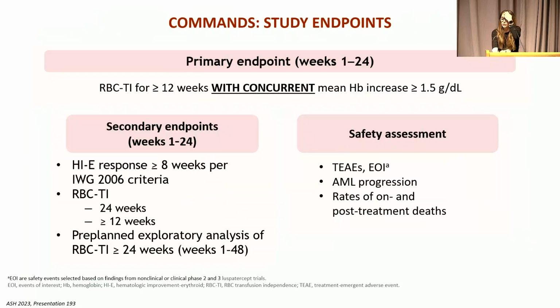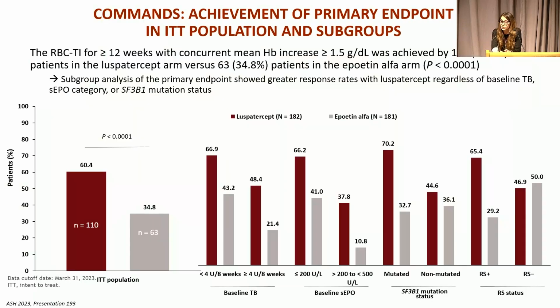But the very important thing of this trial was that the primary endpoint was very stringent: transfusion independence of more than 12 weeks with a concurrent hemoglobin increase of more than 1.5 gram per deciliter. Other secondary endpoints together with safety were evaluated. So the primary endpoint was obtained in more than 60% of patients in the luspatercept arm.